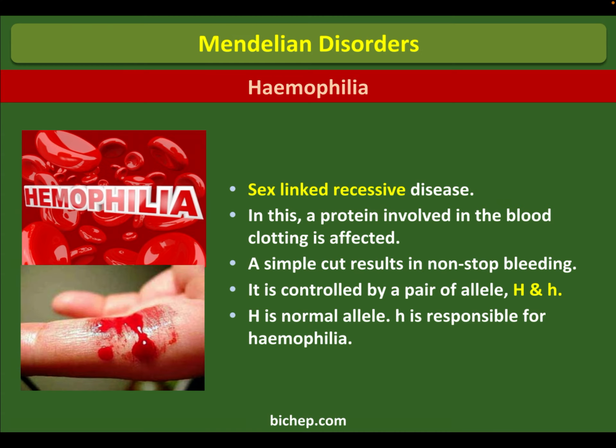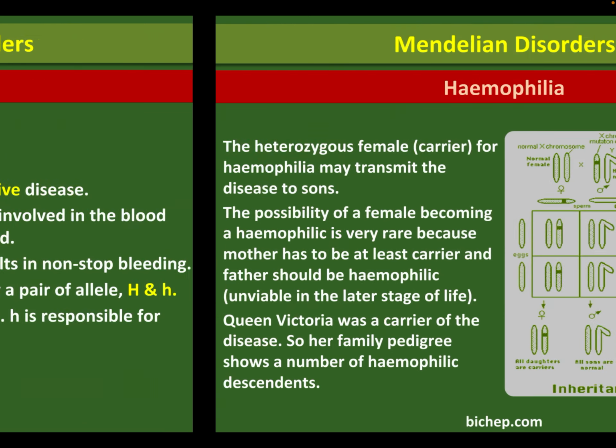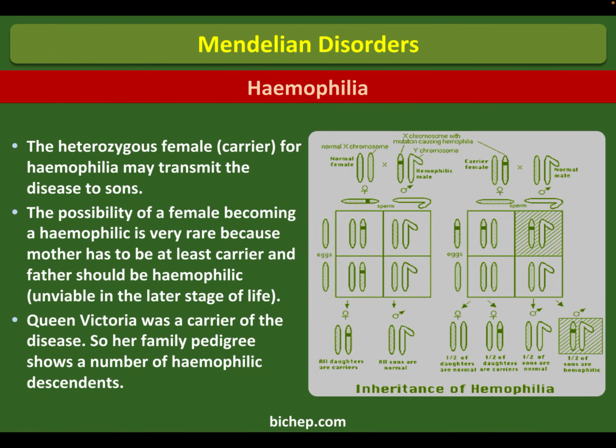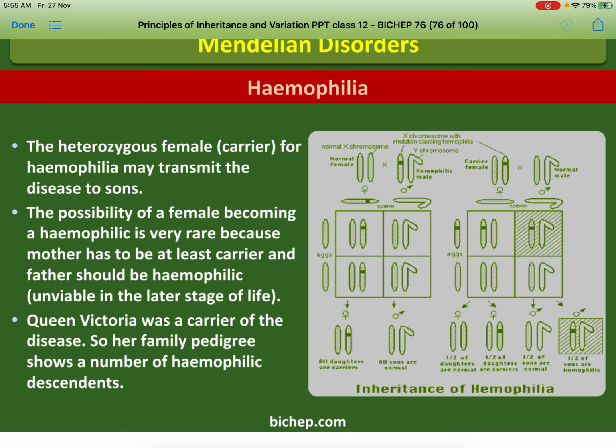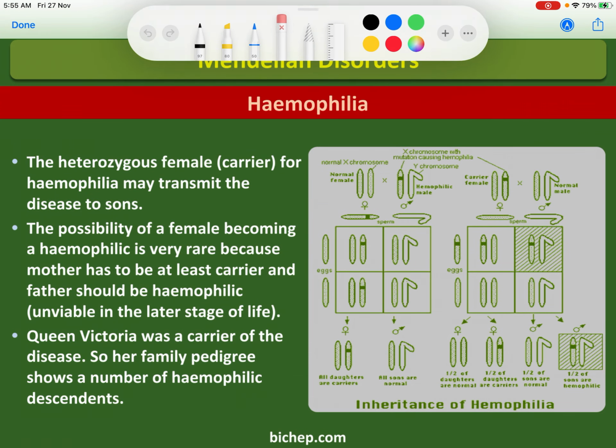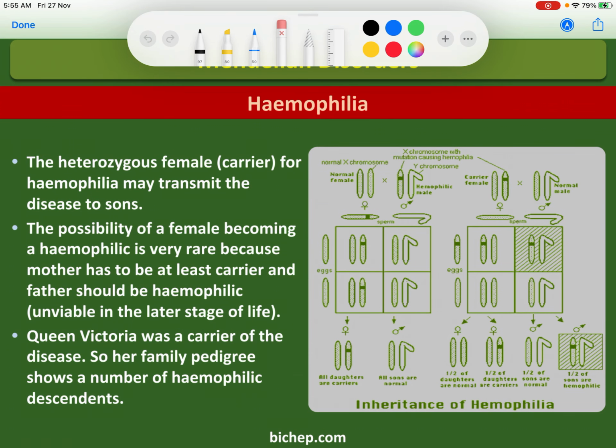So please take the screenshot. Here the entire mechanism is explained for hemophilia. The heterozygous female is a carrier, since it is X-linked; heterozygous females are always termed carriers.